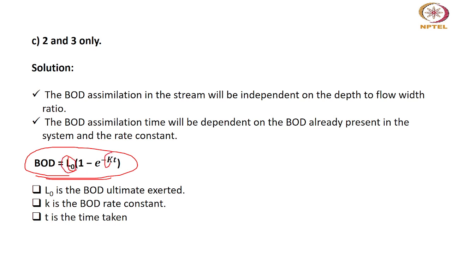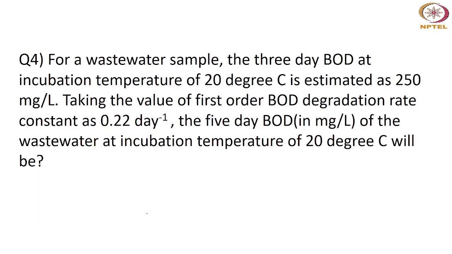Rate is also the main factor here, and also the time. So it will depend on these two, right? There is no such condition like the depth or the flow. It is totally dependent upon the rate of BOD degradation, that is the K rate constant, and the time taken. So these two factors are there, right?